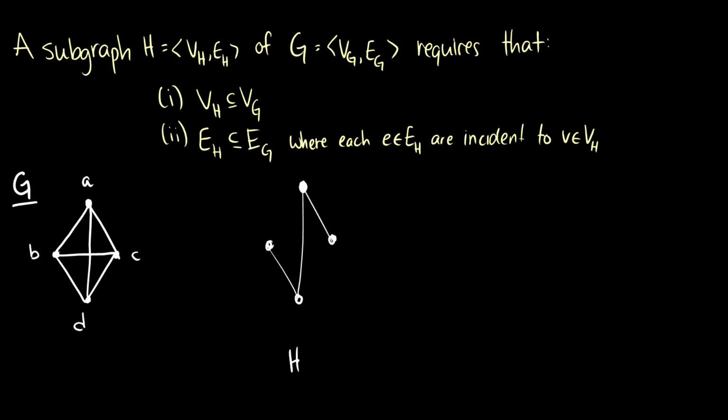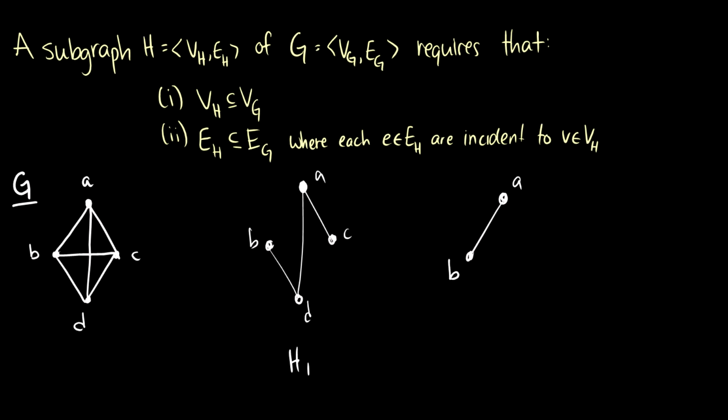So H1 is a subgraph of G because we've kept all the vertices, but we're just missing a few edges. So its edge set BD is in the edge set of G, and the vertex set ABCD is in the vertex set of G.